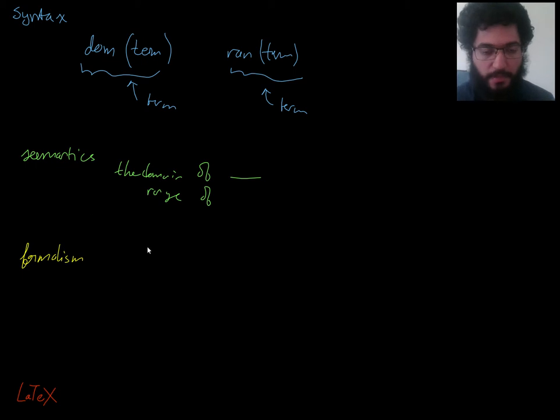Now, I'll start with the semantics before I get into how to formally define things, because in terms of what's happening semantically, it's actually really simple. And it'll look like we're overcomplicating things at first in terms of the formalism.